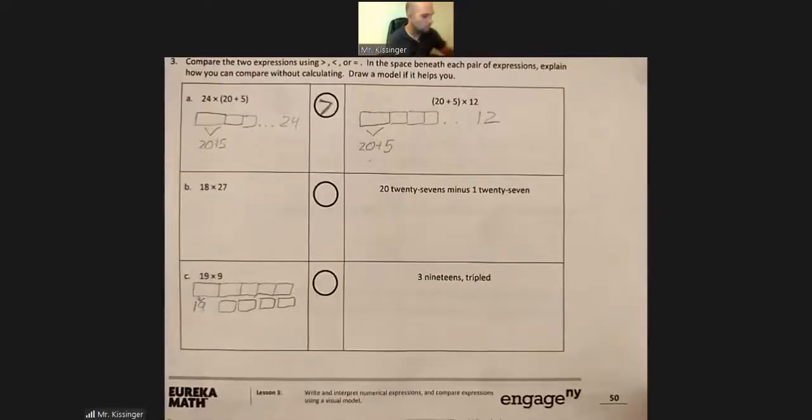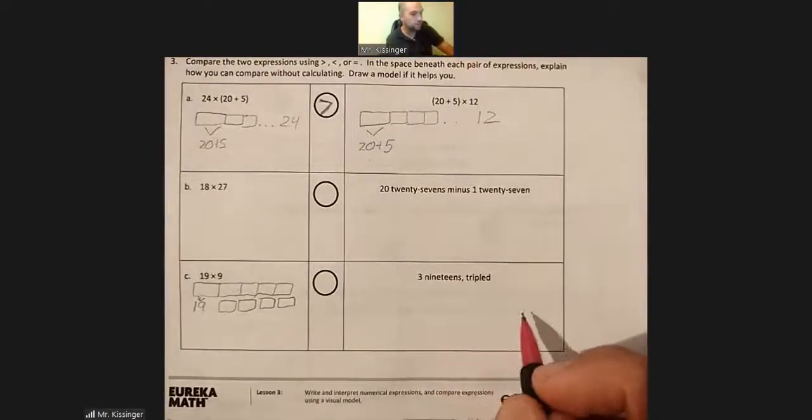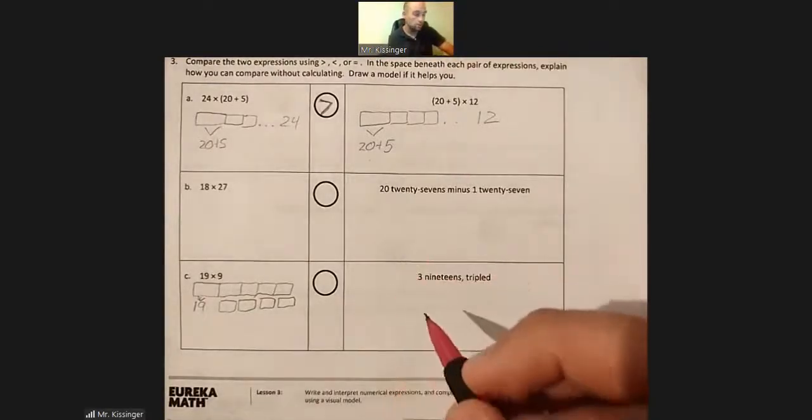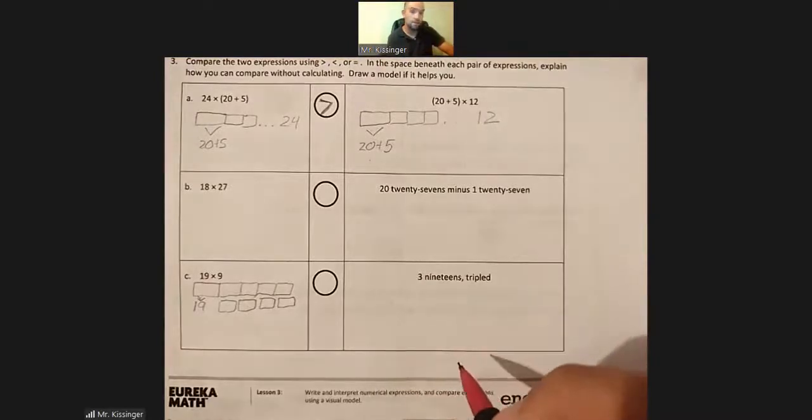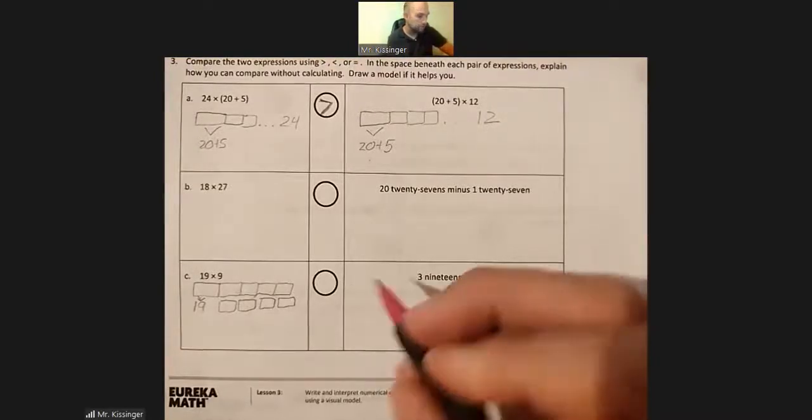All right. So then we have 3 19s tripled. In other words, we'll have 19 times 3 times 3.